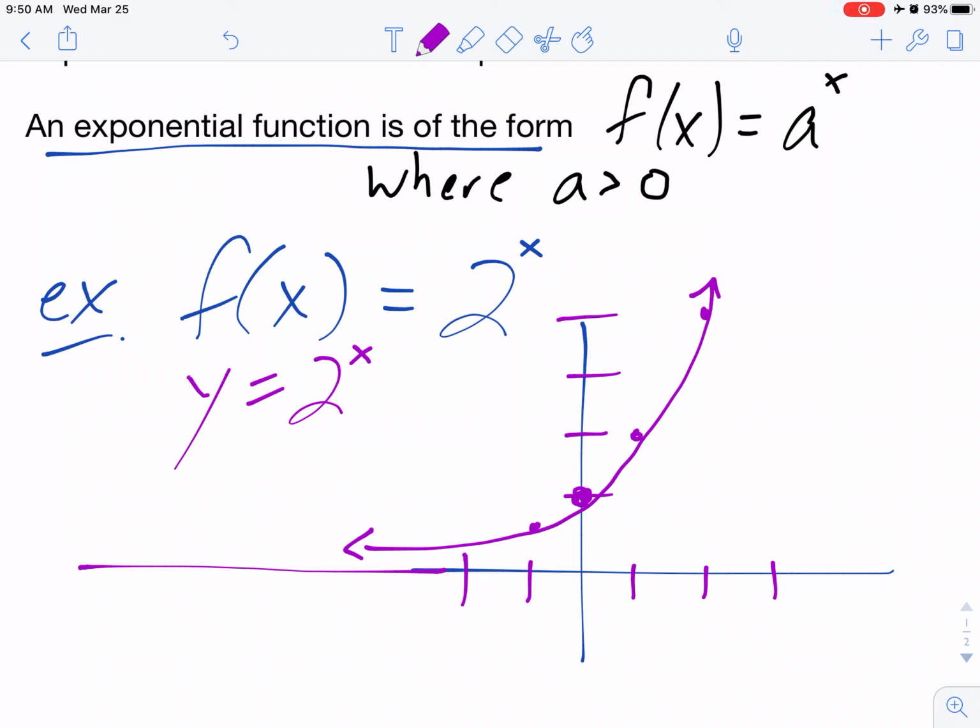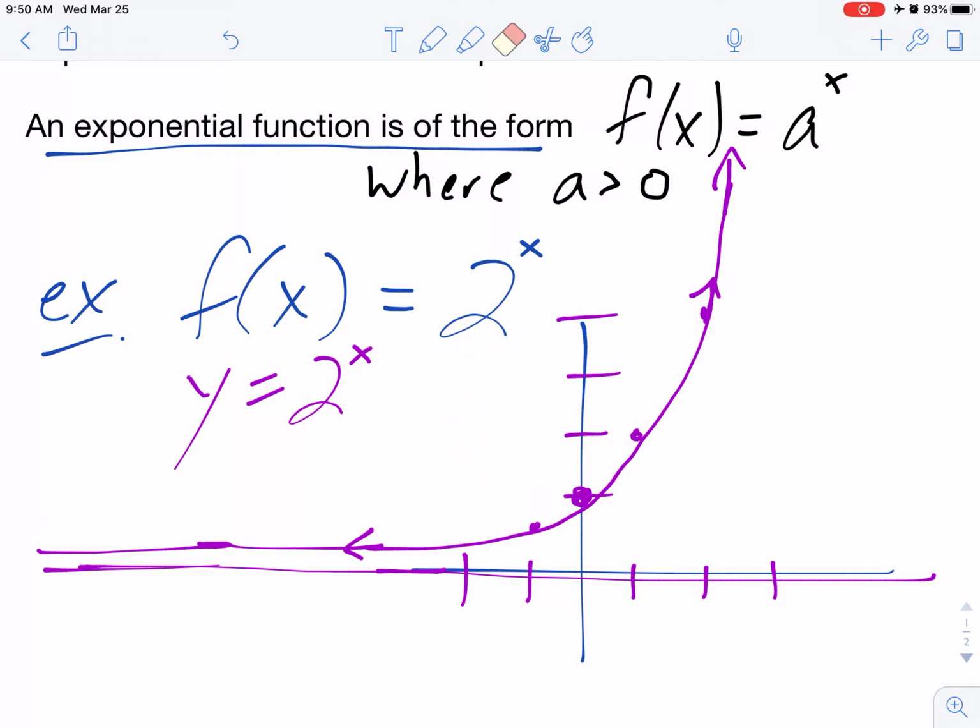This x-axis is an asymptote, so this curve gets closer and closer to it. It never touches it. And this thing starts to curve up faster and faster. You keep doubling things, and it's called exponential growth. This one has a growth rate of 2, so it doubles every time.